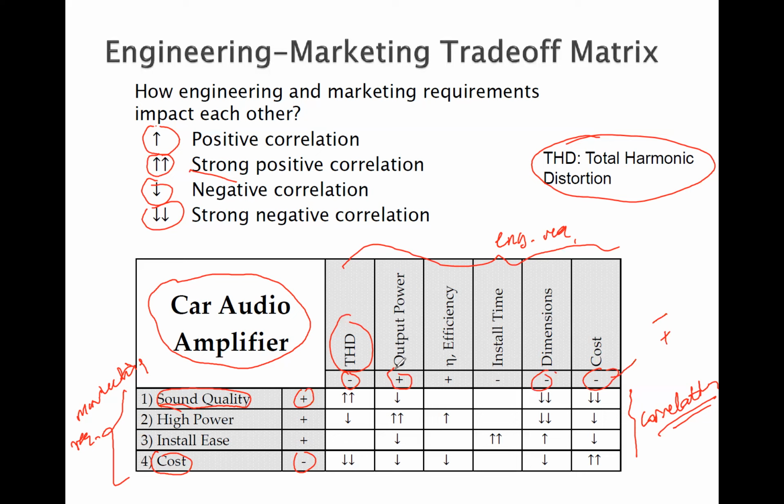Simply, that's a correlation matrix. We see here we have a strong positive correlation between sound quality and total harmonic distortion, while we have a strong negative correlation between sound quality and cost. On the other hand, easy installation and dimension have a positive correlation.